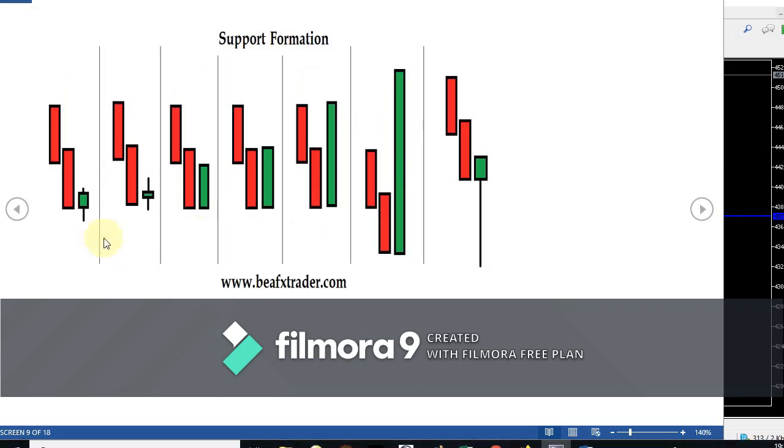The same illustration is seen for support formation here. Price drops with a big candle and now meets a small one, so there's a little form of support created as a result of the small bullish candle here.